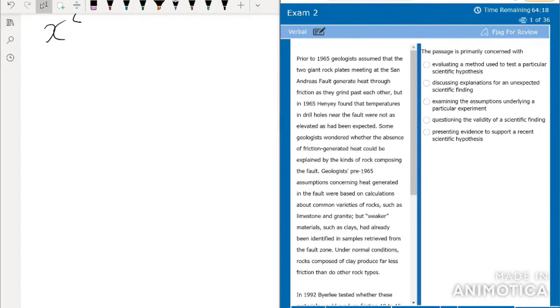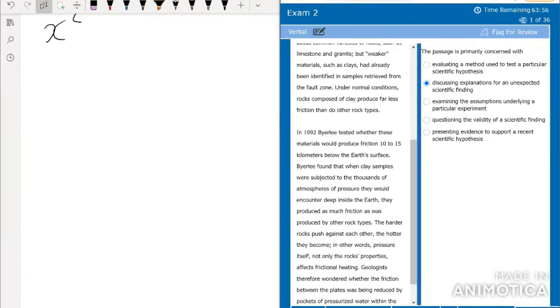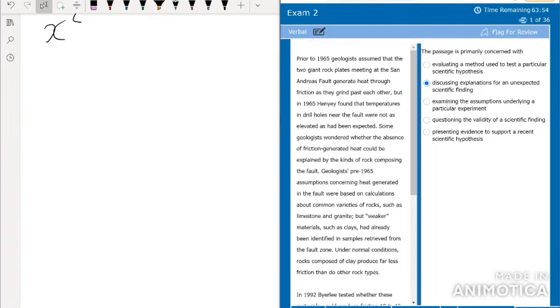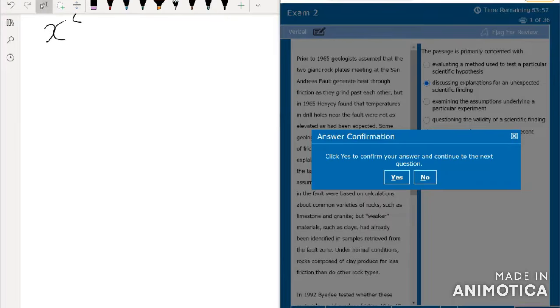Well, it's certainly not evaluating a method to use blah blah blah. I'm liking B. It's not about an experiment. Is it questioning the validity of scientific finding? No, it's not actually. It's just trying to explain it. And there's no hypothesis here. So it's discussing explanations for an unexpected scientific finding.